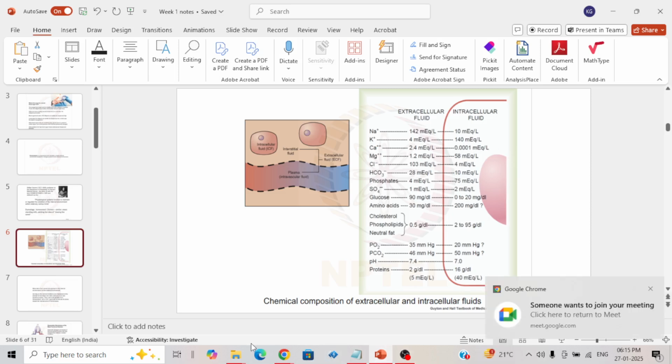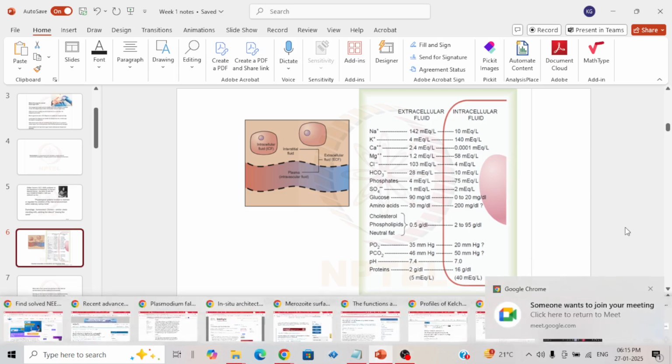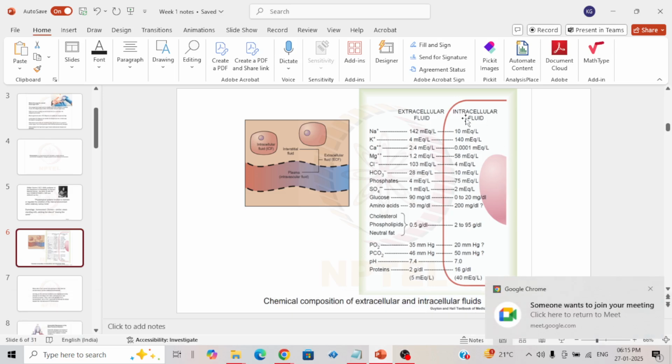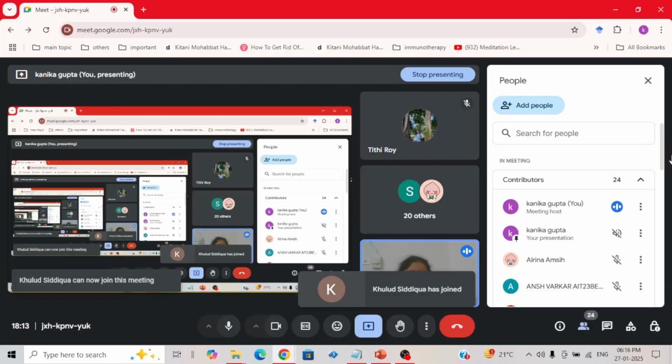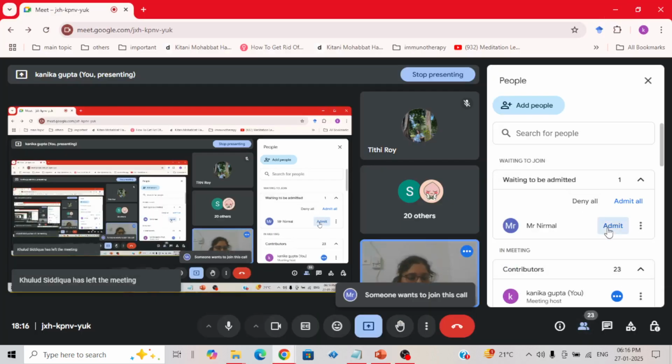Okay, so these are some of the things which should be maintained in a way as they have been shown here. And this state in which the concentration of these different ions, or glucose, amino acids, etc., will be at this concentration only, will be said to be the homeostasis for that particular body.